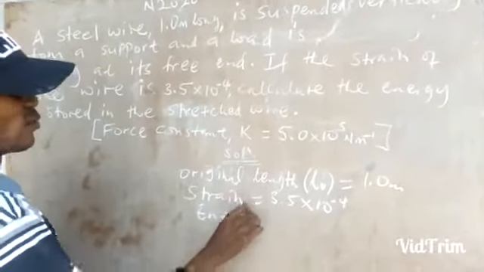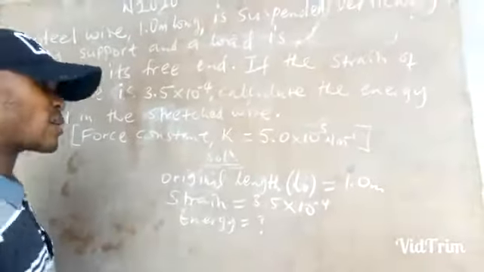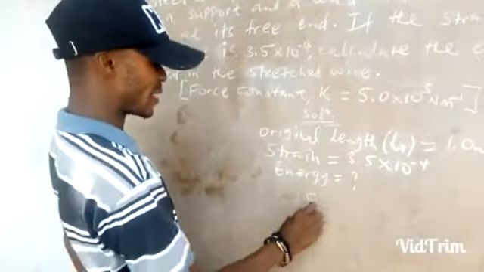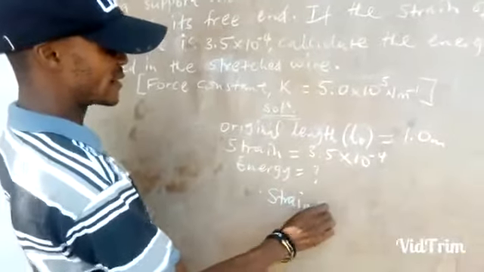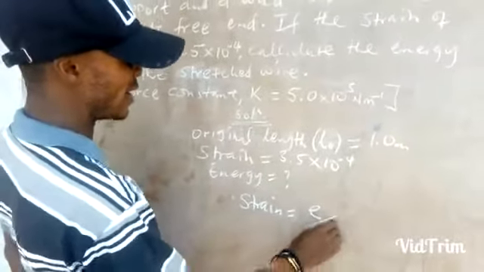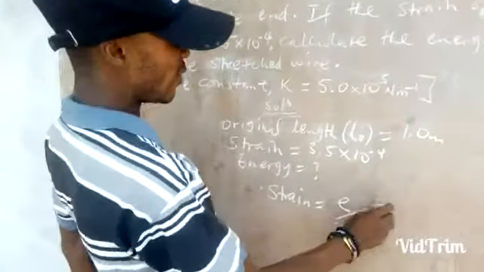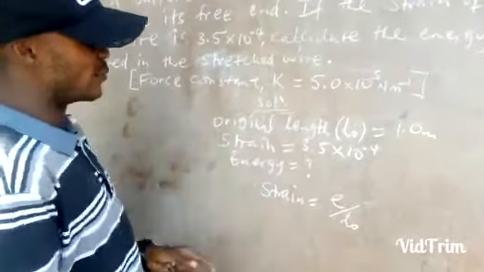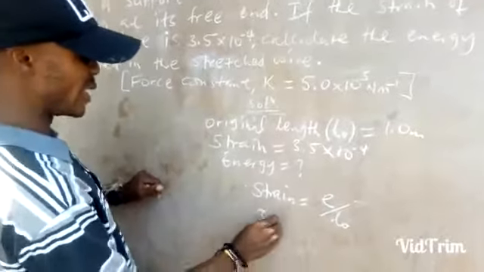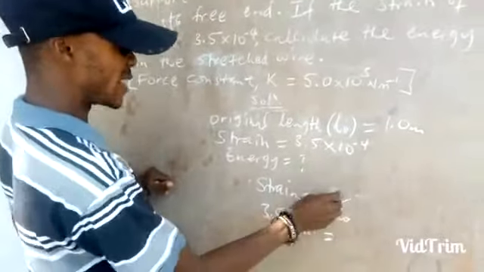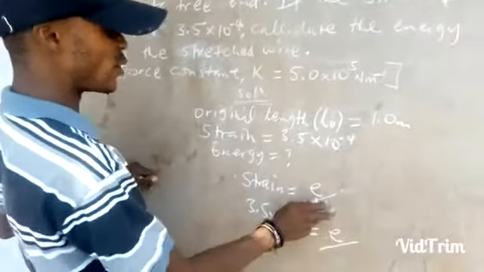Energy, we don't know. But we know very well the formula for the strain we established here: the strain equals the extension divided by the original length. Now the strain of the material is given. The strain is 3.5 times 10 to the power minus 4 equals the extension, which we don't know, over the original length, 1.0.